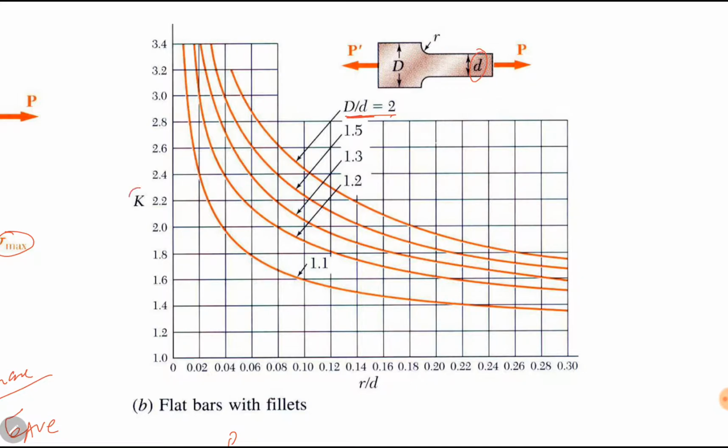And here is K. So if we know the values of r, capital D and small d, we can find this ratio and this ratio from the corresponding curves. For example, D by d ratio is 1.5 and r by d ratio is around 0.08. So 0.08, and the curve of 1.5 is this one. This value is almost 2.4. So we can find the value of K, which is 2.4.